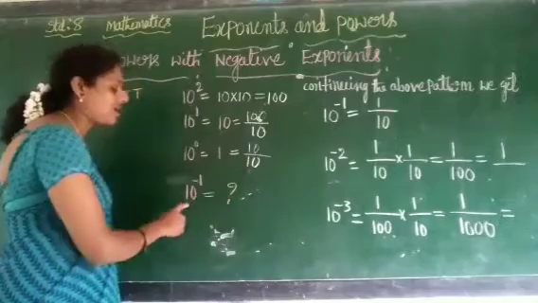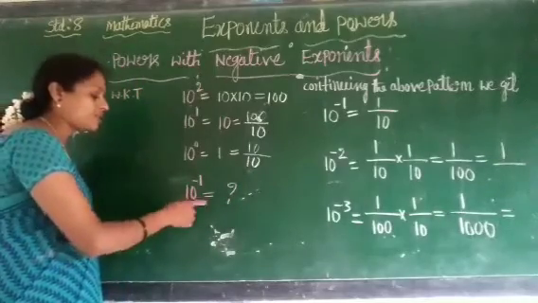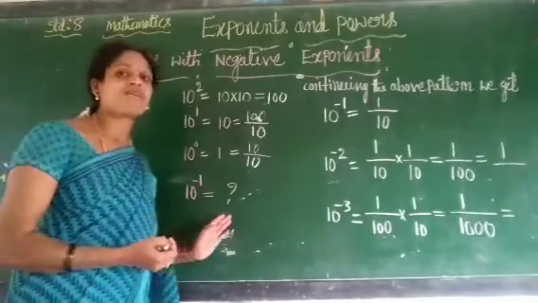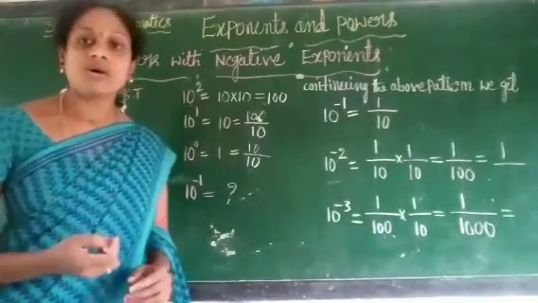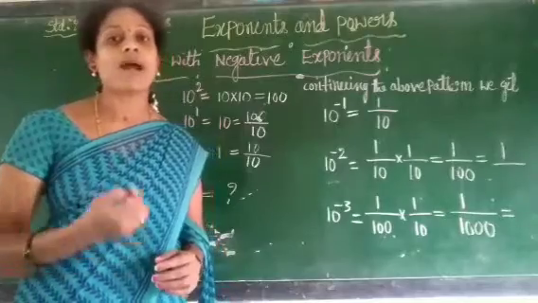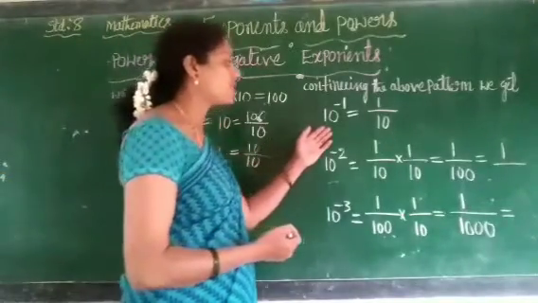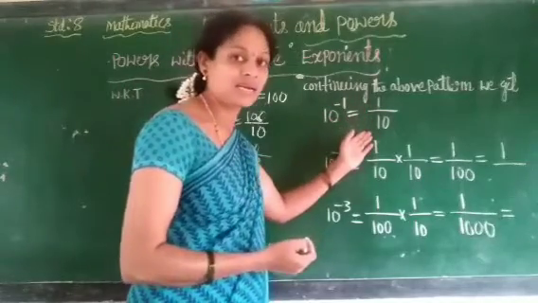Then what is the value of 10 to the power minus 1? Continuing the above pattern, 10 to the power minus 1 is equal to 1 by 10.